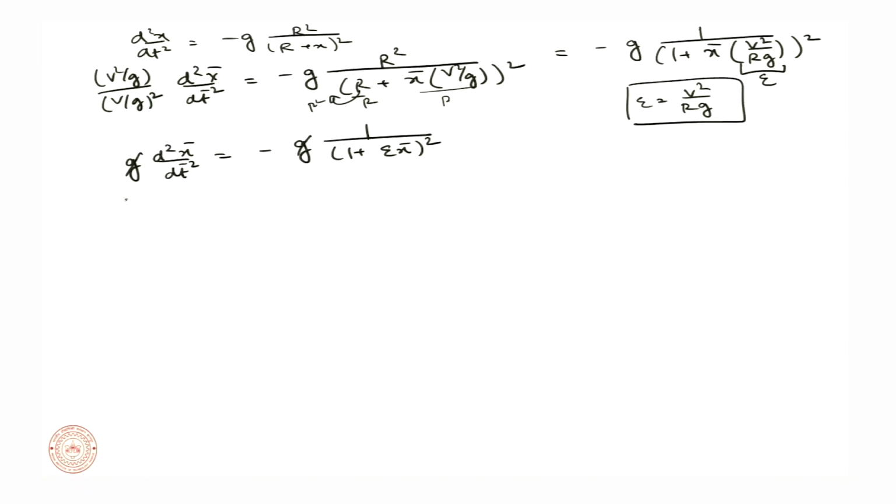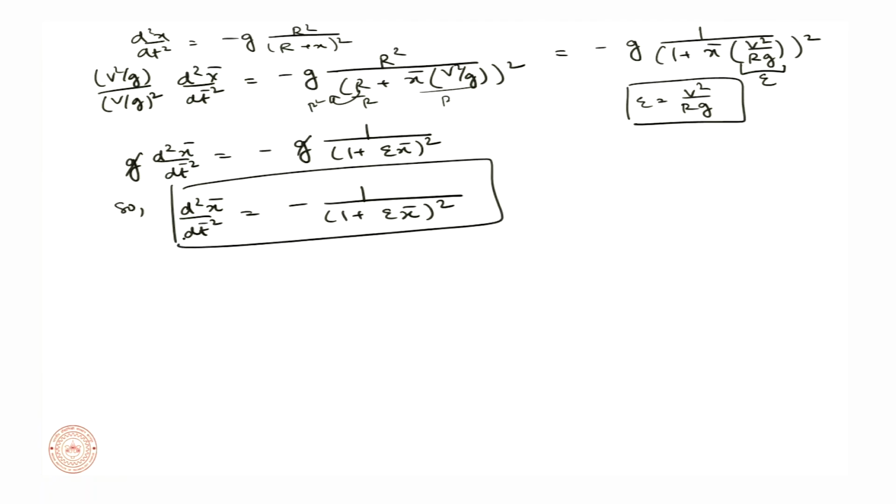These two g get cancelled. So, d square x bar by dt bar square equals minus 1 over 1 plus epsilon x bar whole square. This is our equation, and our initial conditions can be rewritten as x bar at 0 is equal to 0, and let us substitute.